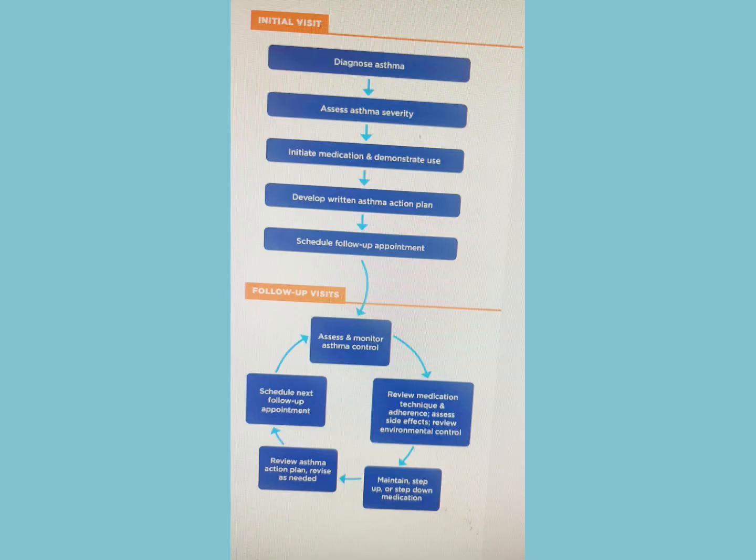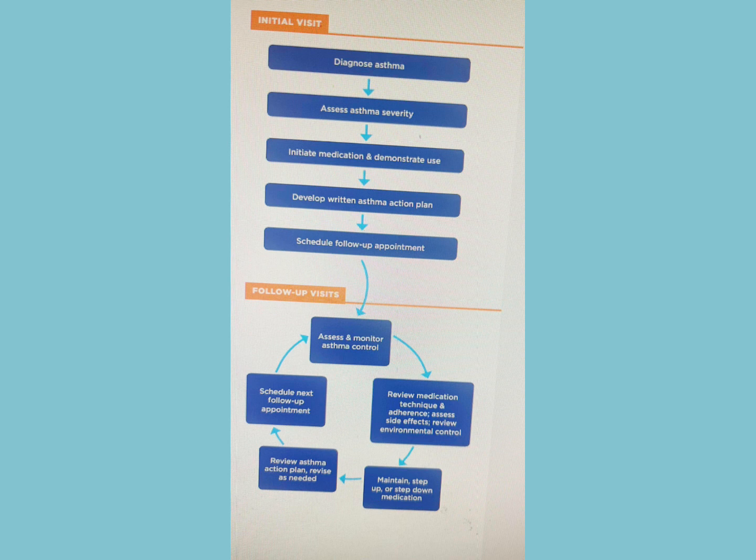According to the National Institutes of Health, the steps of asthma management: we diagnose asthma, assess asthma severity, whether intermittent or mild persistent, then initiate medications and demonstrate the use of inhalers. There can be HFA, there can be disc, and how to use them matters because that determines a lot of the effectiveness.